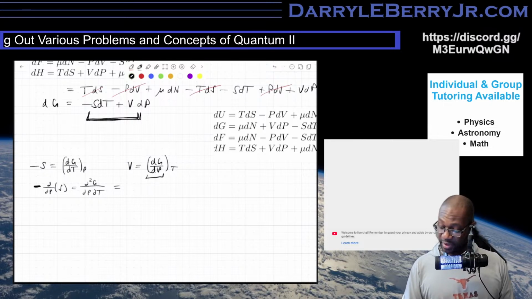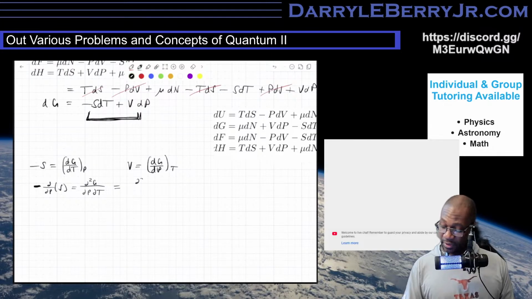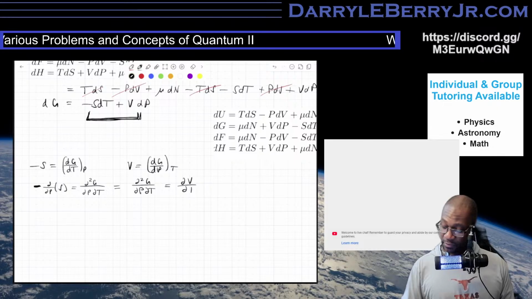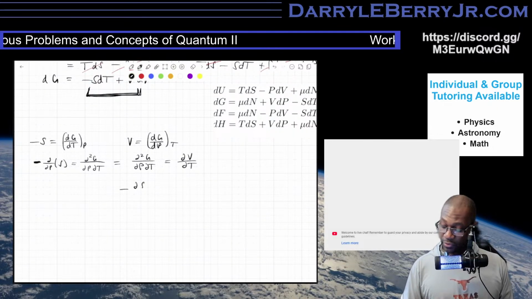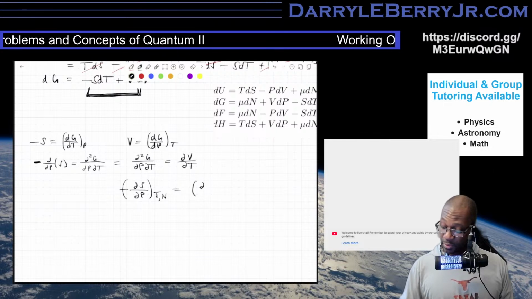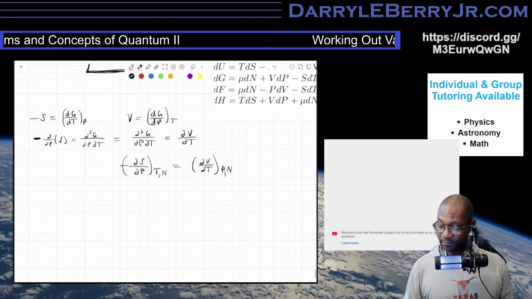Now if I take the derivative with respect to T, I'll also get partial squared G on this side, and that also equals partial V partial T. So this means that negative partial S over partial P, given that T is stationary and N is the same, is the same thing as partial V over partial T, given that P and N are constant.